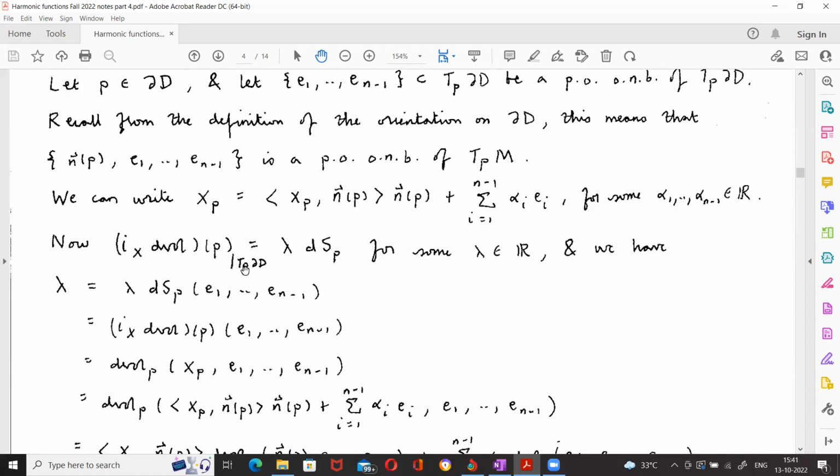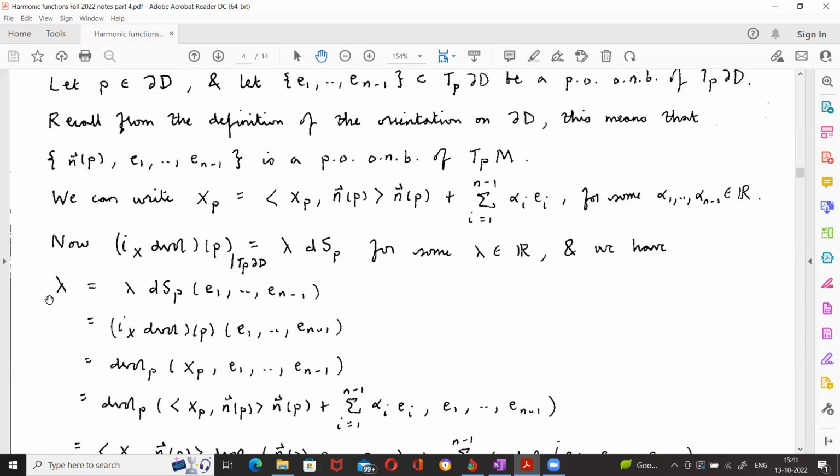If I restrict it to the tangent space of boundary D, it becomes an n-1 form on an n-1 dimensional vector space. Therefore, it is a multiple of the volume form ds_P. So it is going to be lambda times ds_P for some lambda. We just have to compute what this lambda is.